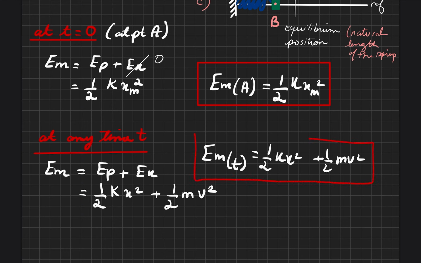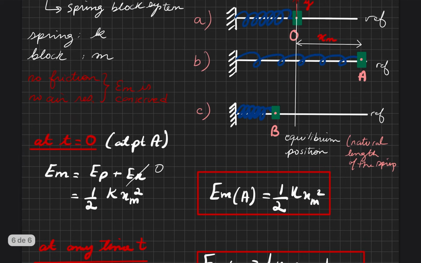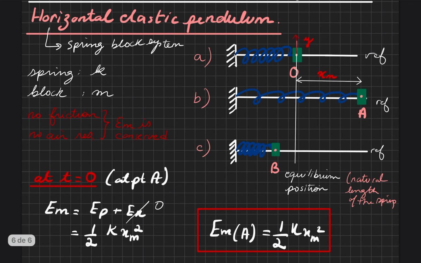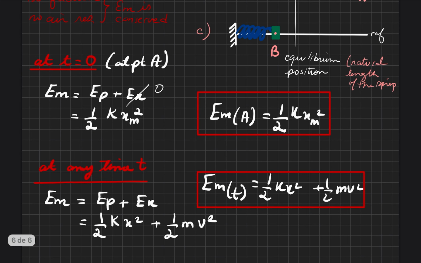Okay, let's put a rectangle around it. It's not a very nice rectangle. Let's fix this rectangle. This is better. Okay, so the E mechanical at point A is half k xm squared. Xm is a constant because we already chose xm. It is the distance we shifted the spring from its equilibrium position.